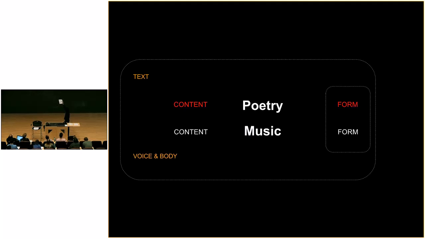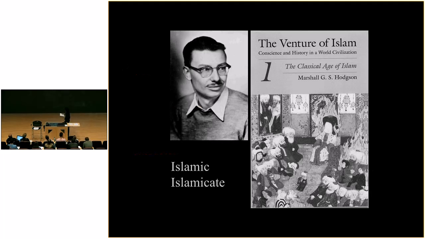So you move from text to voice and body. So Islam and Islamicate. Do you remember that? This guy, Marshall Hodgson, in that book, The Venture of Islam, Volume 1, actually used that distinction. Anybody remember what the difference was between Islamic and Islamicate?